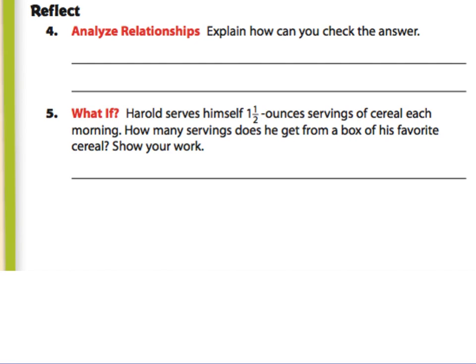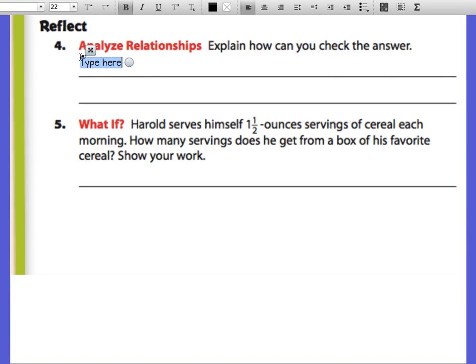Okay, so how can I go through this and check my answer? Well, to check my answer, since multiplication is the inverse of division, I can multiply 12.5 by 1 2/5. So I'm going to actually write this out here.